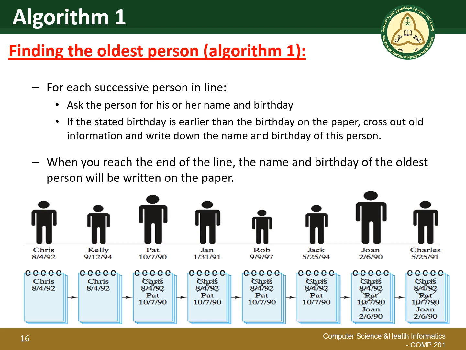If the stated birthday is earlier than the birthday on the paper, يعني أكبر من اللي مكتوب عندنا, cross out the old information and write down the name and birthday of this person. لما أخلصهم هلاقي نفسي في الأخير when reach the end of the line, the name and birthday of the oldest person will be written on the paper.